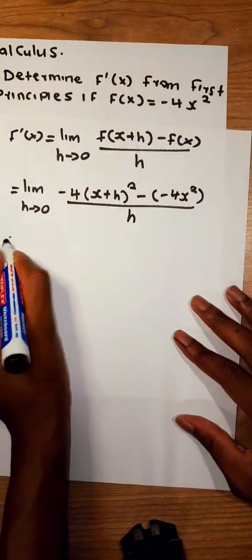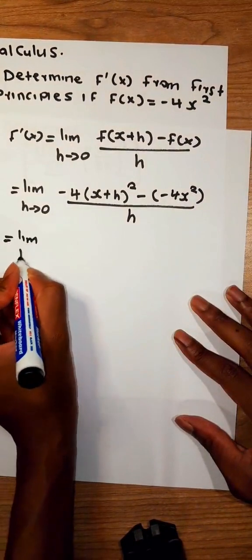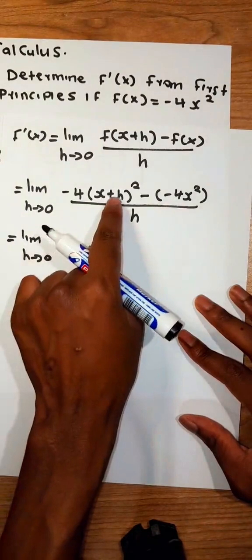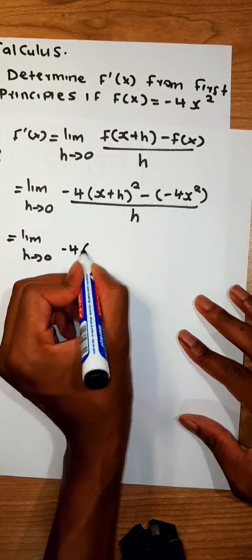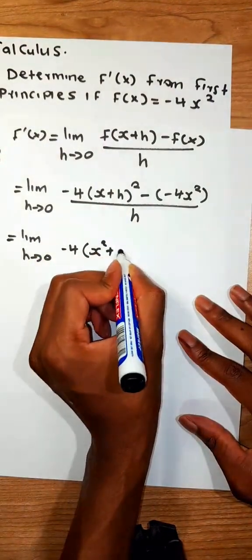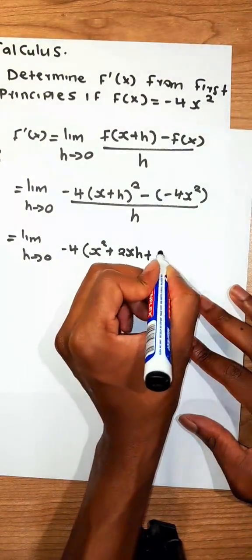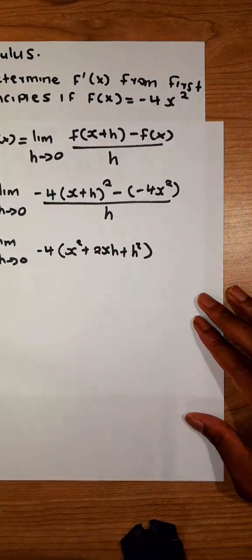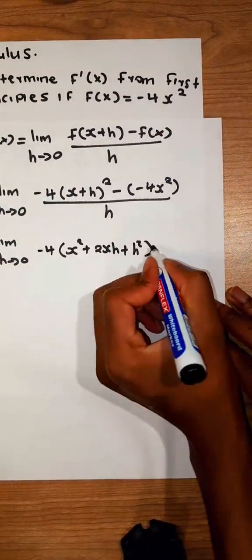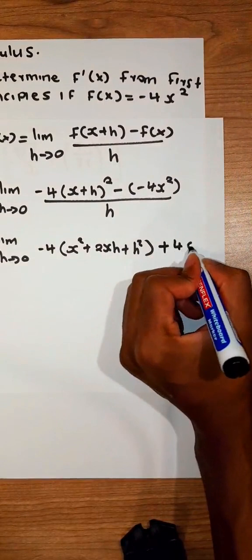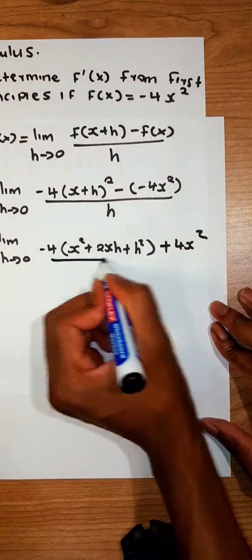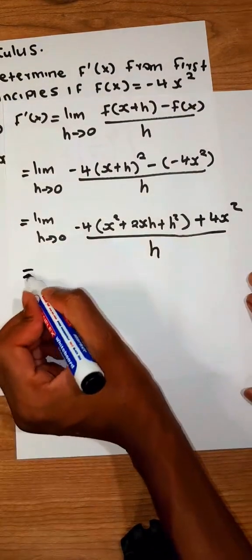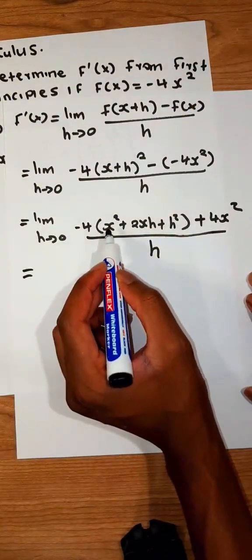Now, we write the limit as h approaches 0. What are we going to have if we expand this? We're going to have minus 4 times x squared plus 2xh plus h squared, and then minus minus 4x squared, and we divide this by h. Now we multiply everything by minus 4.